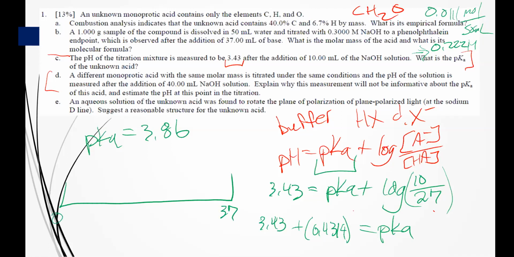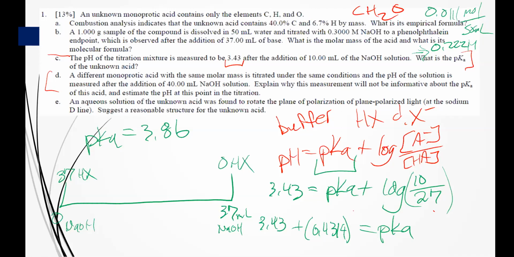So if we think about this in terms of our acidic version and our base version, when we have 0 of our NaOH, we have 37 of our acid. When I put in 37 milliliters of my NaOH, I'll have none of that acid left. It should have all turned over.